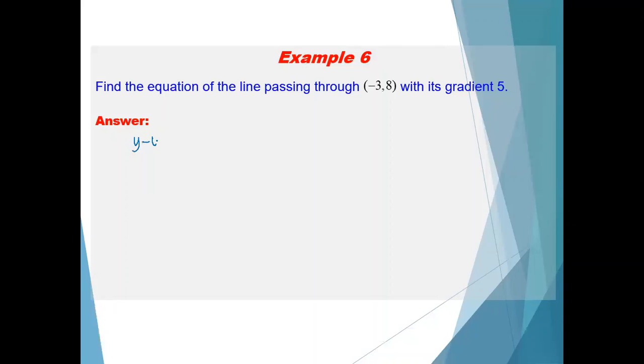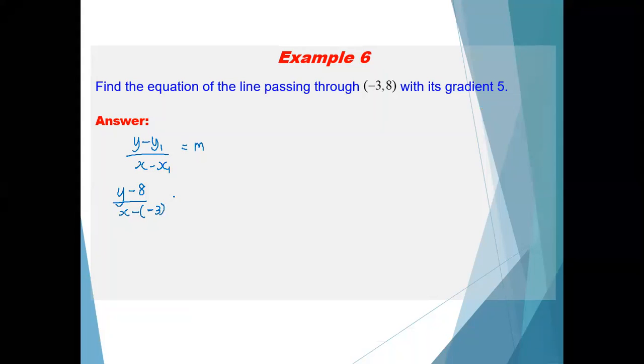We have y minus y1 over x minus x1 equal to m. Okay, so kita ada satu ni point y minus 8 over x minus, okay, negative 3. So equal to gradient is 5.